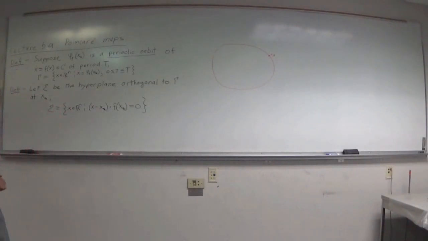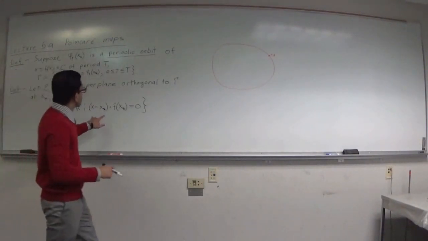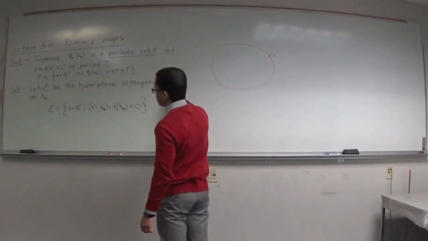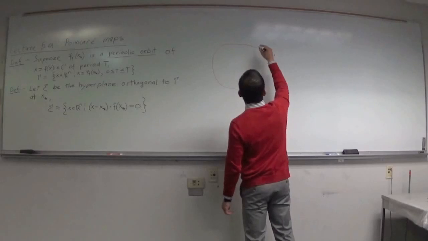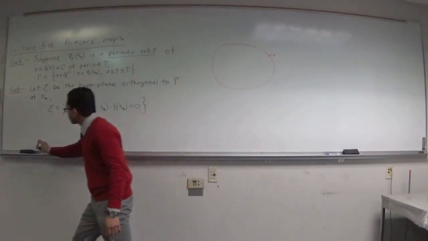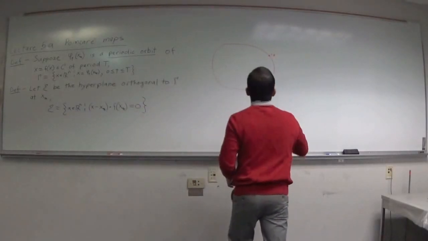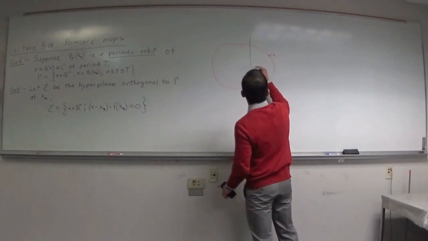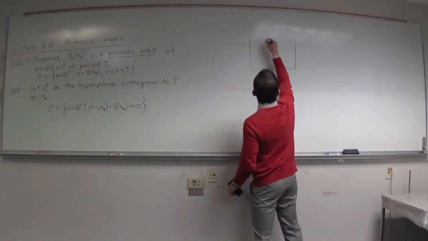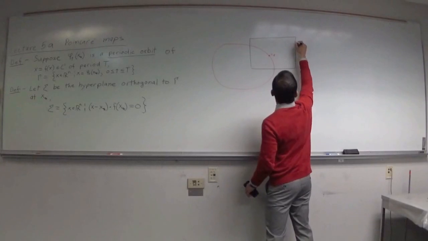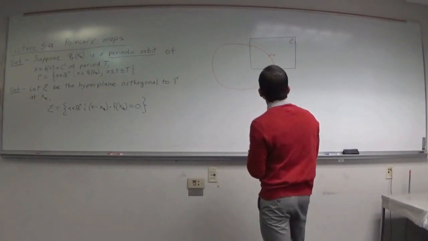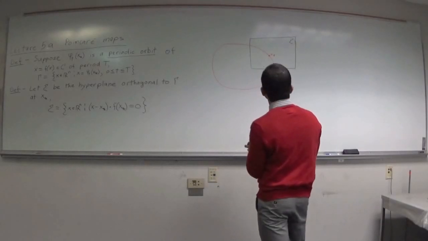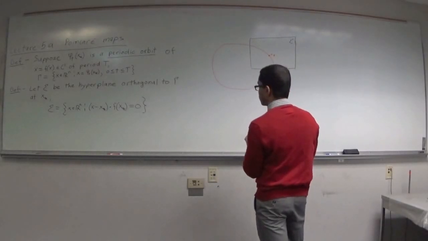We want this to be orthogonal to gamma. So we put this section in, and we're going to call this sigma. That's going to be orthogonal to gamma at x star.